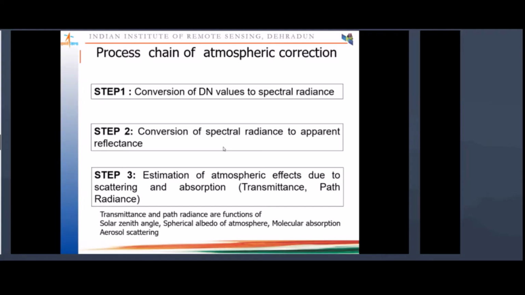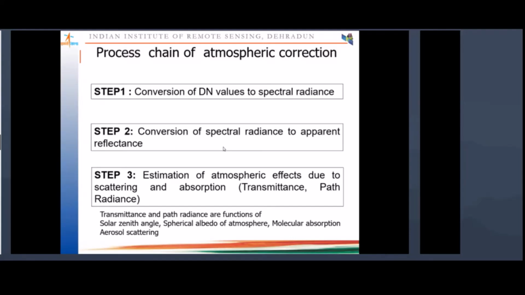So we try to estimate the transmission properties, the path radiance, the spherical albedo of the atmosphere, the molecular absorption, scattering due to aerosols, etc. Okay, so we try to model all this information. More details I'll be discussing in the atmospheric correction part, in the third class of this webinar series, that is in the next session.